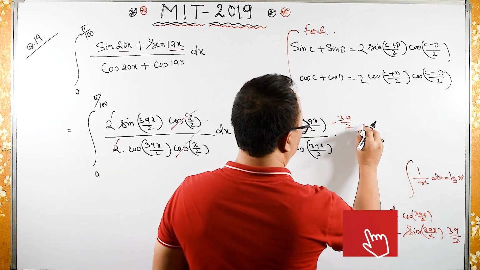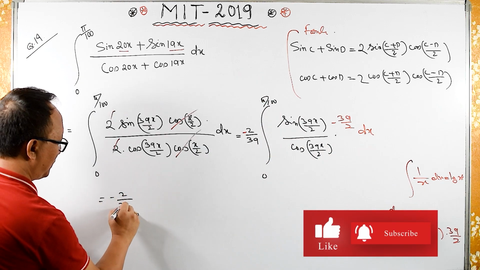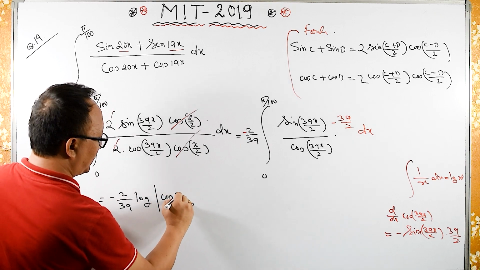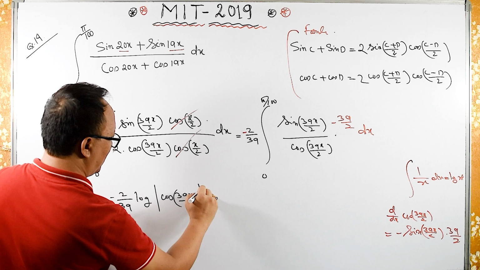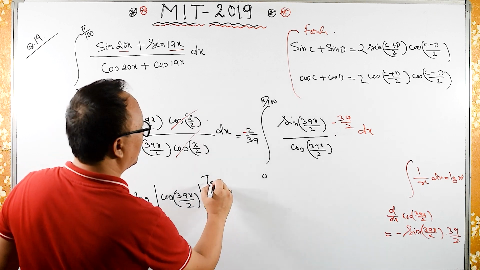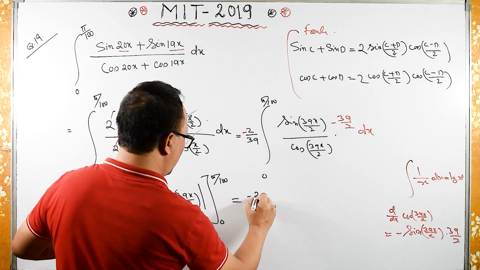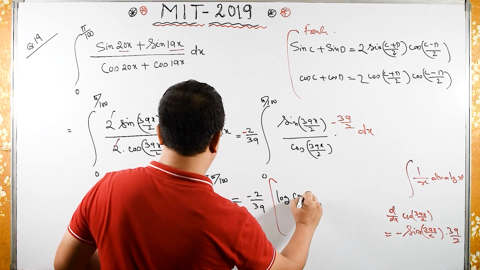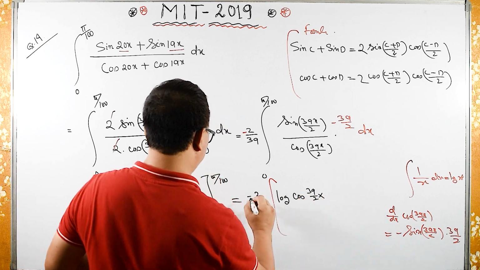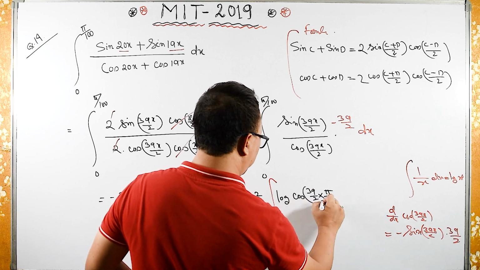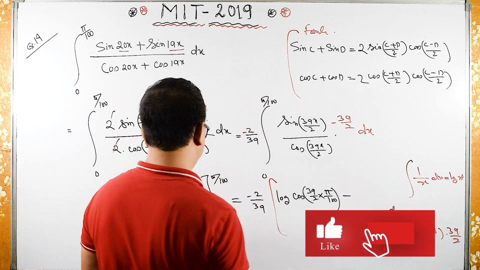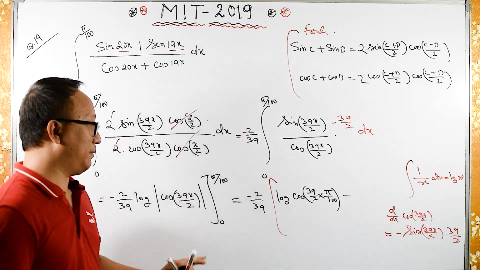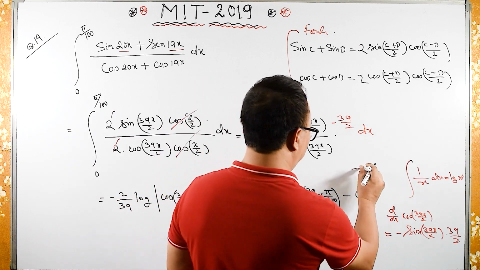Here we have dx. Minus 2 upon 39 log of cos of 39x upon 2, with limit from 0 to pi by 100. Minus 2 upon 39 log of cos of 39 by 2 into pi by 100, minus, when x equals 0, cos 0 is 1, so log of 1 becomes 0, so we have 0 over here.